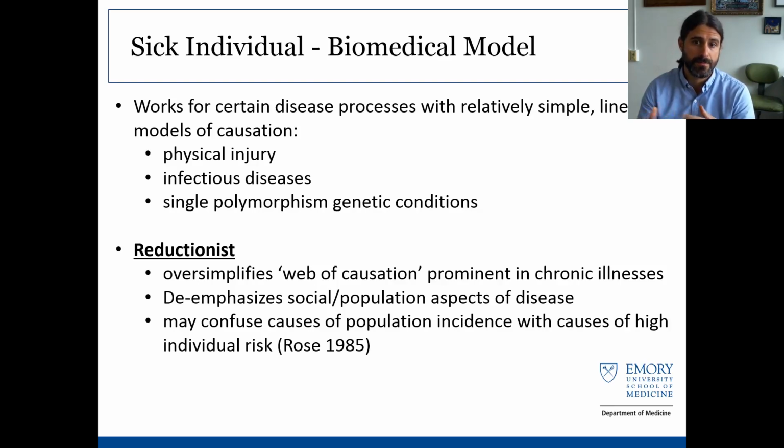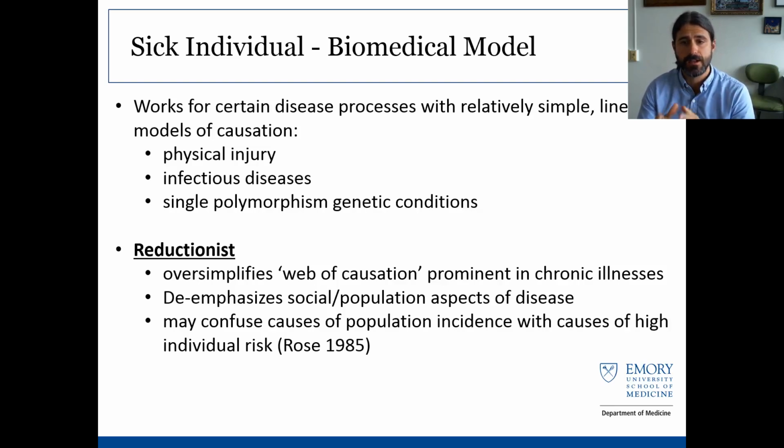It oversimplifies a web of causation, which we're also going to show examples of, which is really prominent in a lot of the chronic multifactorial illnesses that we see in today's society. It's reductionist in the sense that it de-emphasizes the social or population aspects of disease.